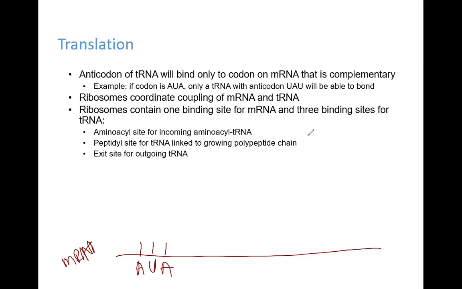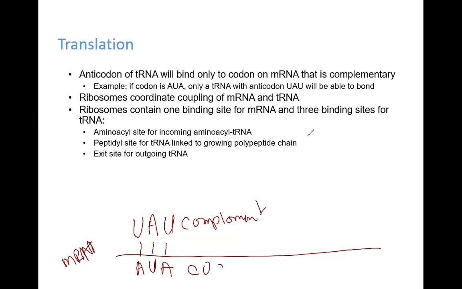Okay. What is the complement to AUA? Well, adenine is the complement to uracil, and uracil is the complement to adenine. So this is the complement to the codon.